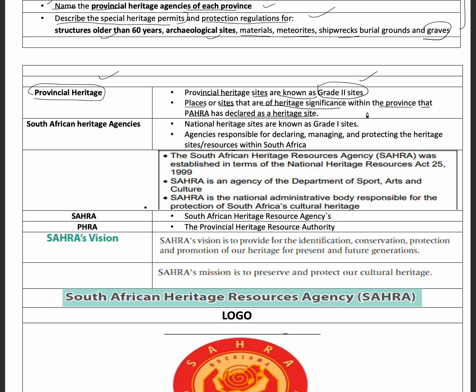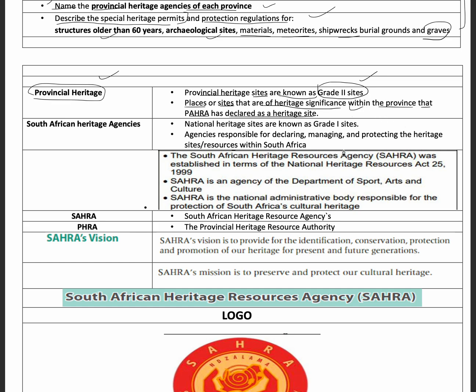These places are within a province, and the Provincial Heritage Resource Authority is the one that has declared them, selected these places, and makes sure they are known as heritage sites.